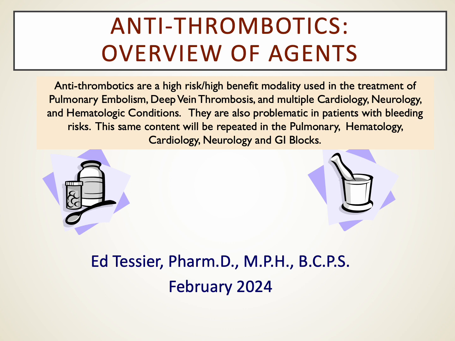We put the antithrombotics discussion in the cardiovascular block because many of the indications for antithrombotics are particularly related to cardiovascular disease. But we also will see that the antithrombotics cross over into other areas.